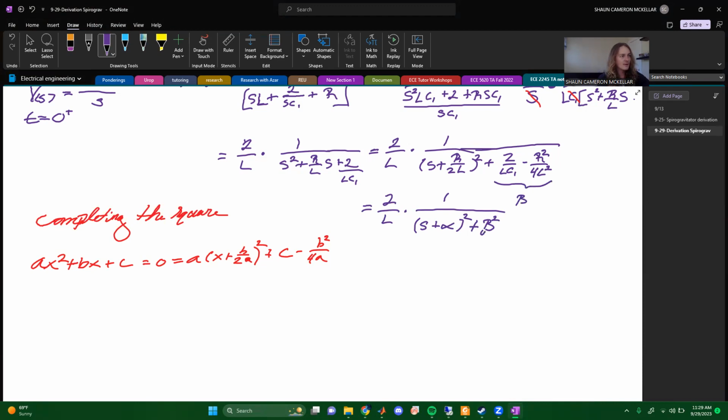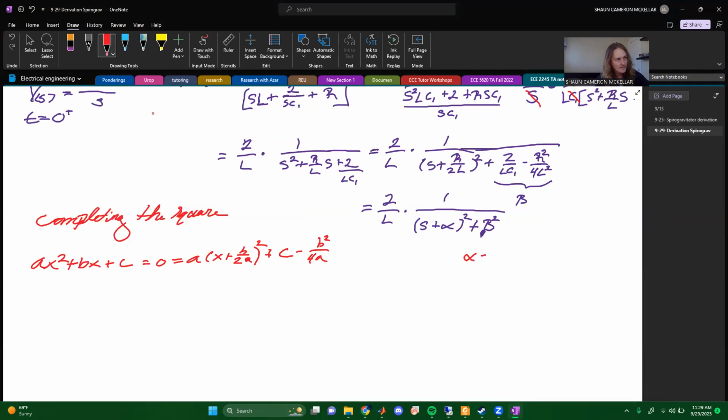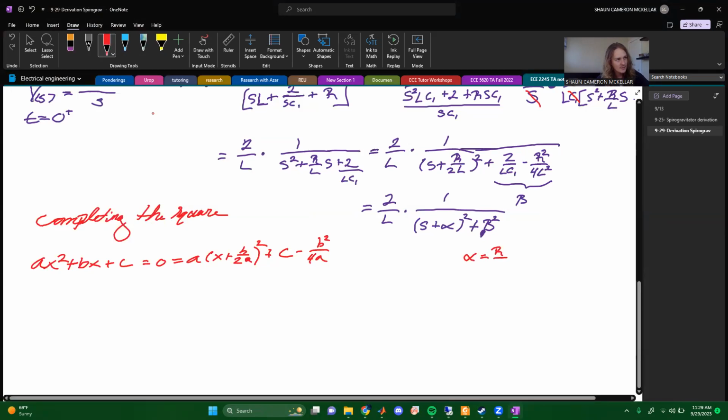Okay, now, if you haven't seen these alpha and beta terms, this is a good place to write them in, and I'll do it in red so it's a little easier to see. But alpha equals R over 2L for a series RLC, which is what we're dealing with. And we also know that alpha squared plus beta squared equals omega squared, which is 1 over LC.